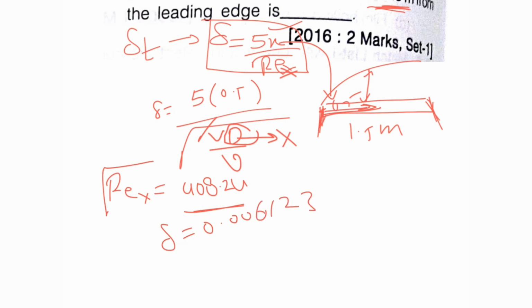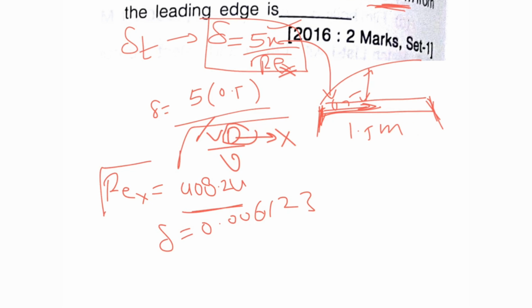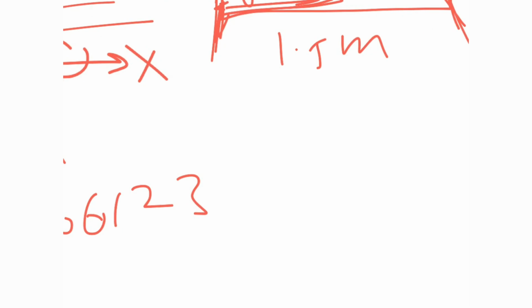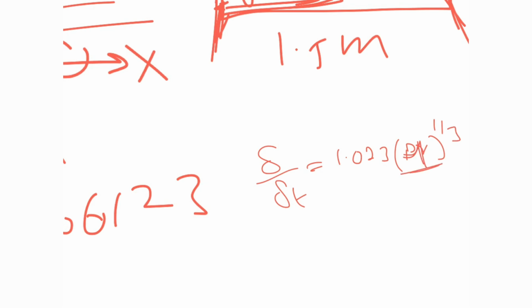but he is asking us to find the value of delta T, and we know the relationship between delta and delta T, that is delta upon delta T is equal to 1.023 into Prandtl number whole power 1 by 3, and since the Prandtl number is equal to 1, okay, from here you find delta T, okay, delta T is equal to delta by 1.023.